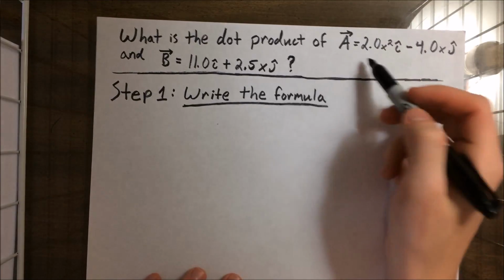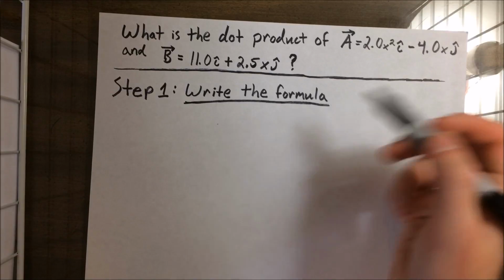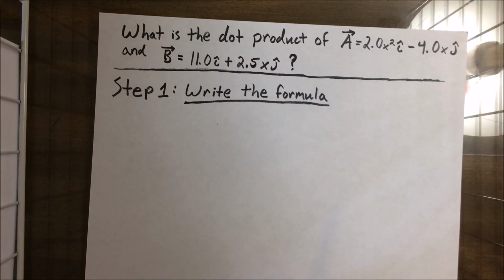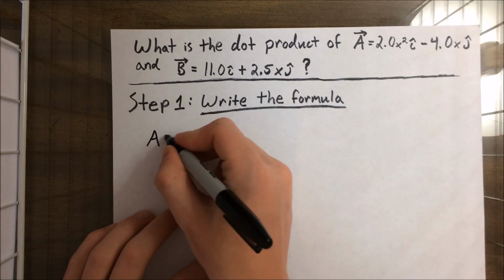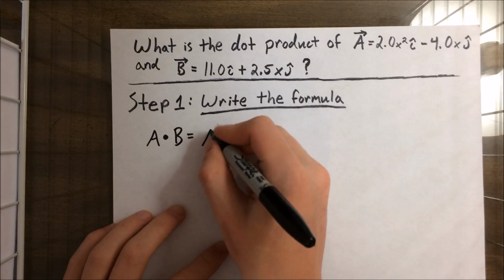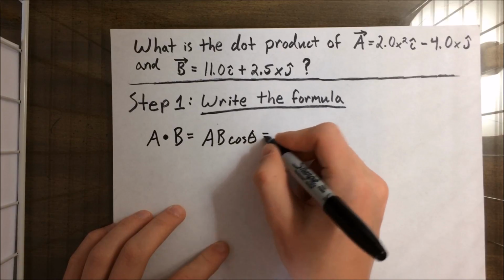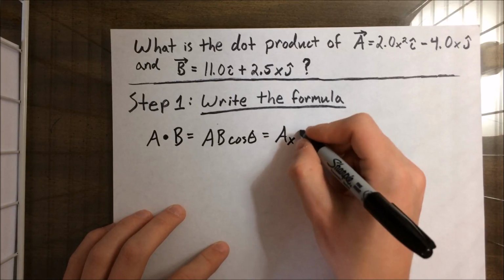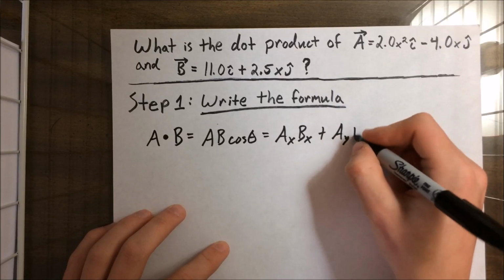Right here we're not dealing with the third dimension or the z direction, because we don't have any k hats. So let's write the formula for step 1. A dot B is equal to AB cosine of theta, which is equal to AX BX plus AY BY.